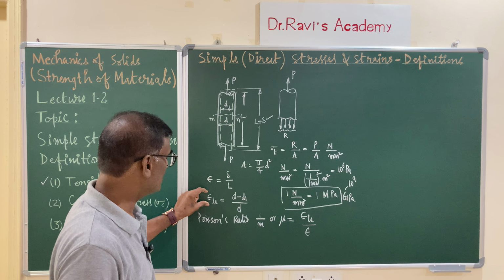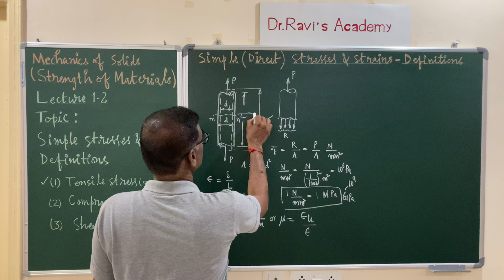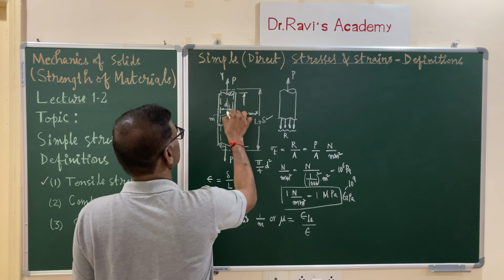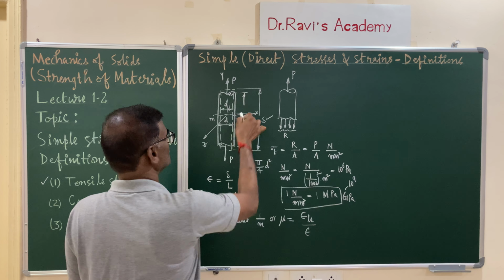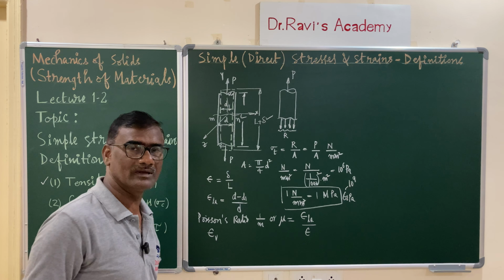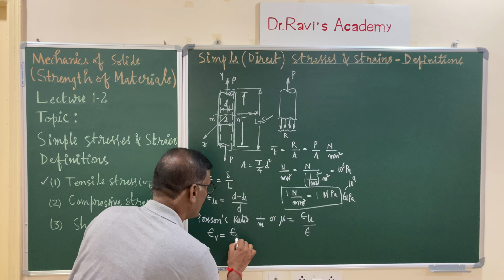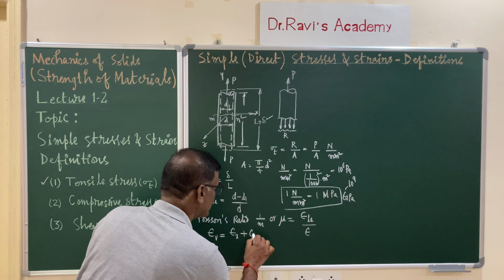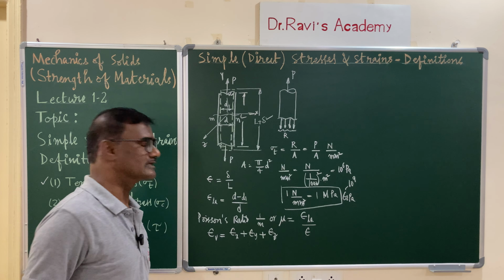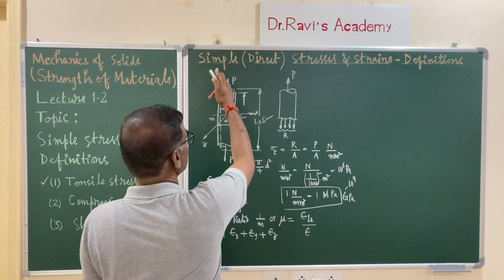Here lateral strain, and let us understand, once these two exist, if you consider x-axis, and along the load it is y, and perpendicular to it, it is z-axis. As you know, the volumetric strain epsilon v, I am using a subscript v for volumetric. This is nothing but the algebraic sum of the linear strain in x direction, the linear strain in y direction, as well as the linear strain in z direction. Observe carefully, your linear strain is along the y direction.